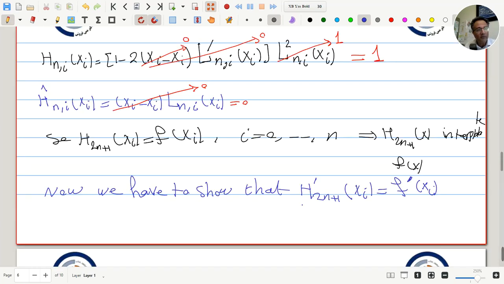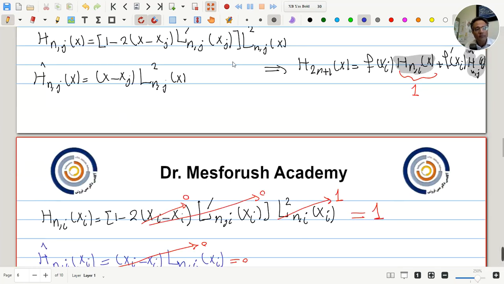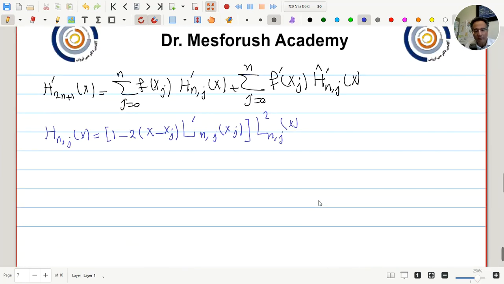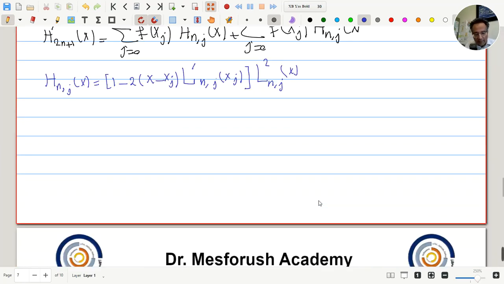Am I right? Yes, this is true. Now I have to compute h'_{n,j}. Take the derivative from both sides.